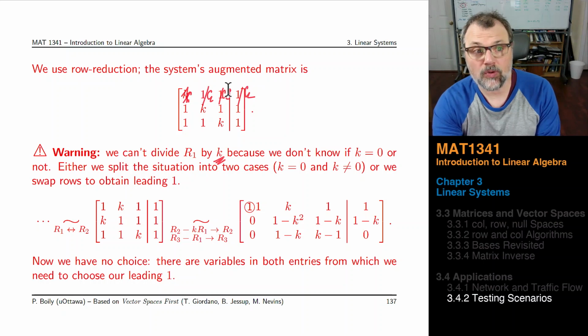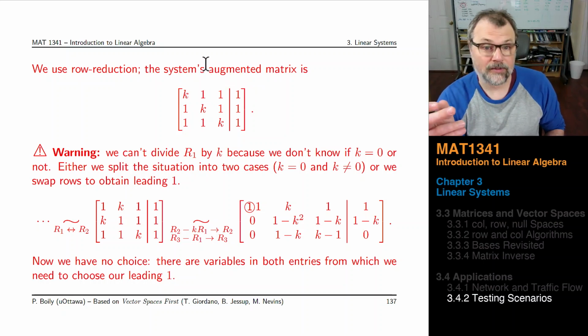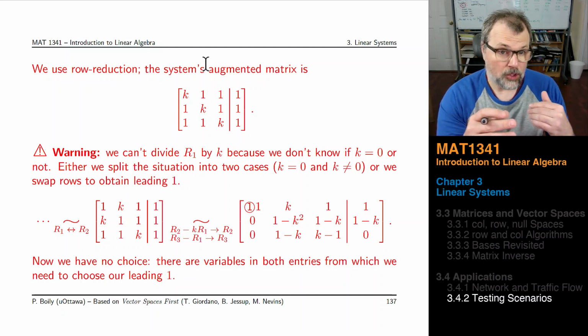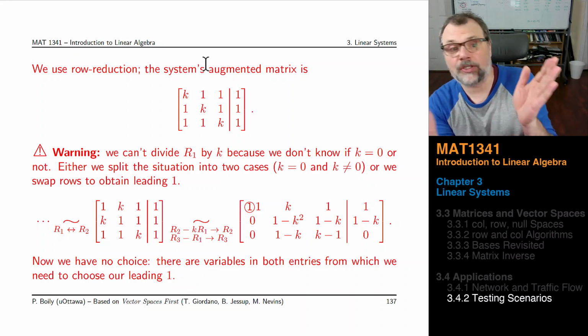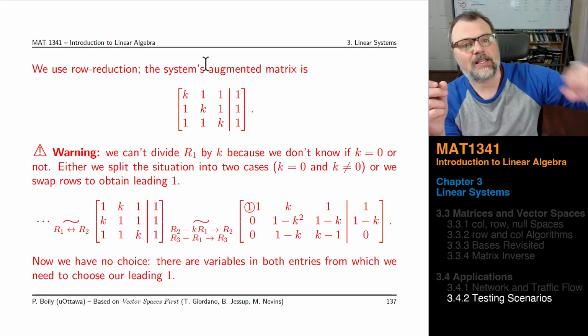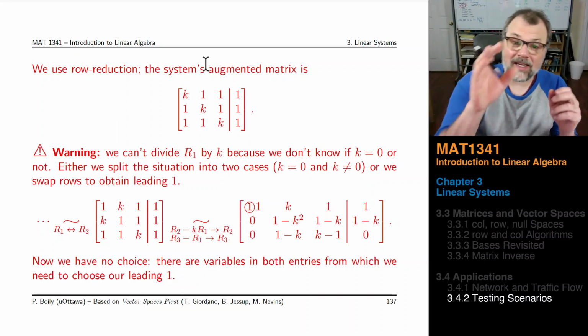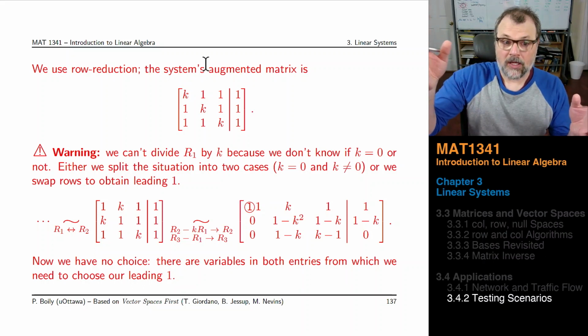But you can only do that if k is not equal to 0, and you don't know what the value of k is. So as you go through the process, you will end up identifying branches of the scenario. You could start by saying, let's assume that k is equal to 0 and take it from there. Or you can say, let's say k is not equal to 0, and then you divide by k and take it from there.